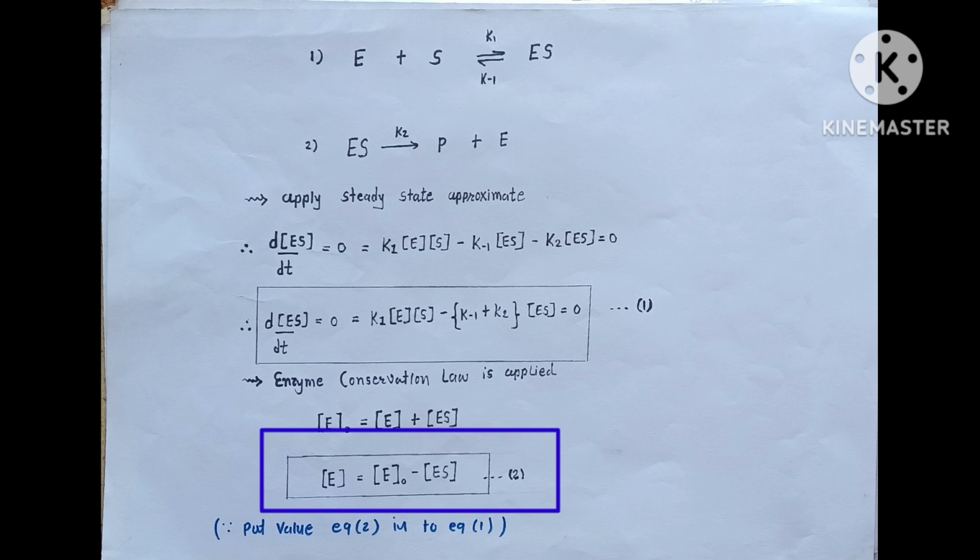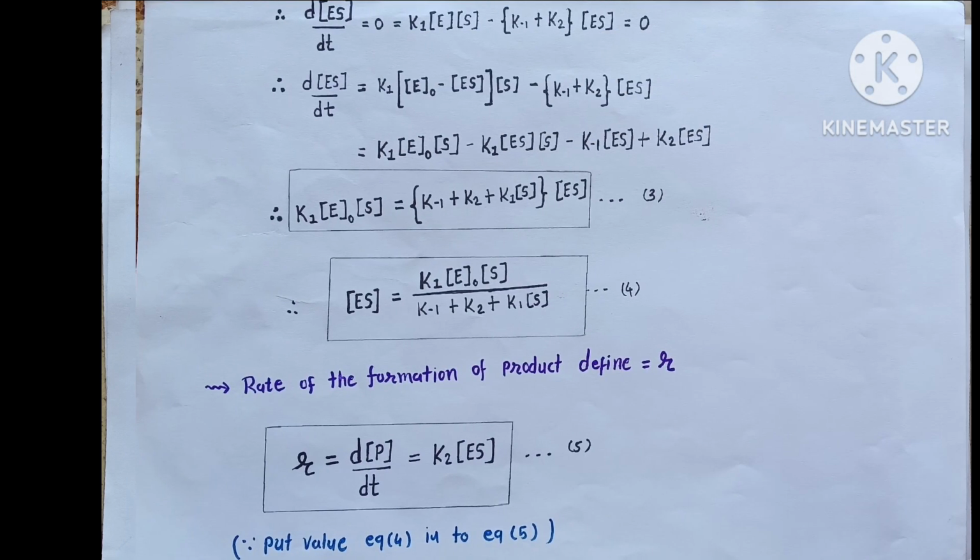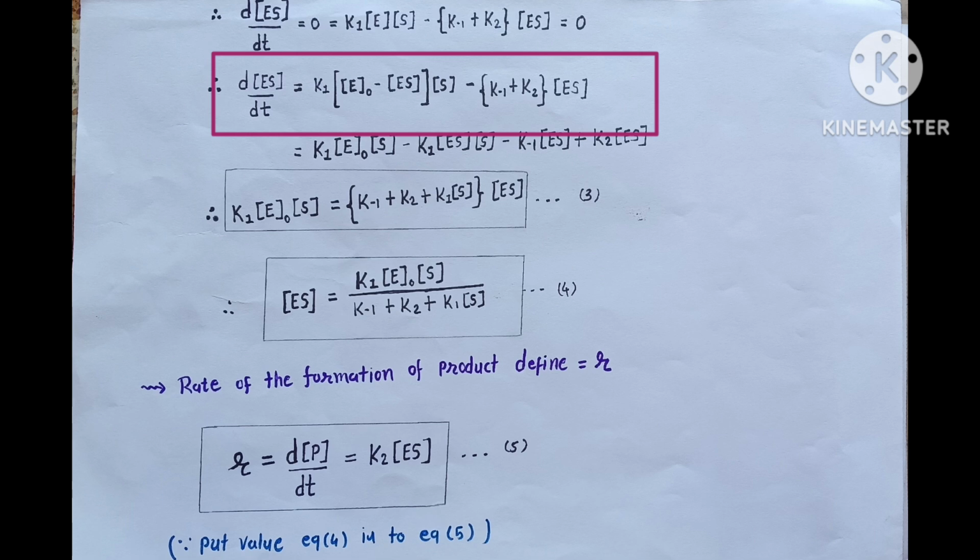We define this as equation number 2. Now we put equation number 2 into equation number 1. So what do we get? dES/dt is equal to K1 times (E0 minus ES) times substrate concentration, minus (K-1 plus K2) times ES.